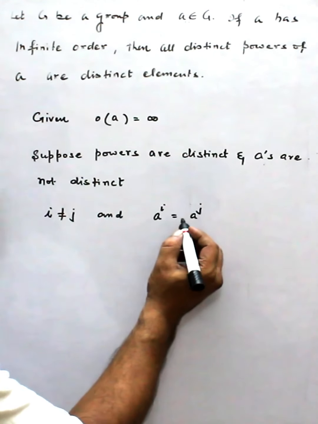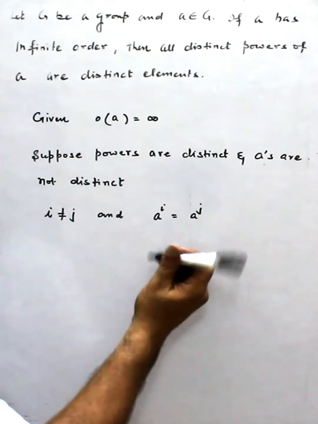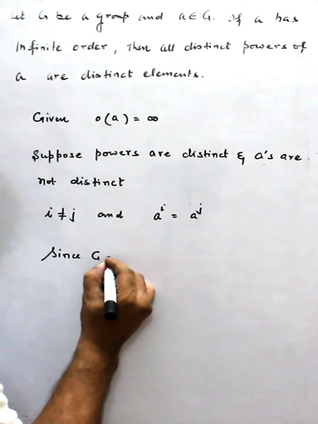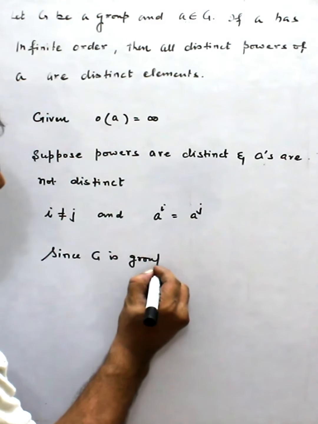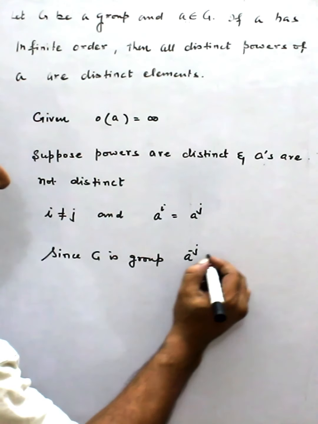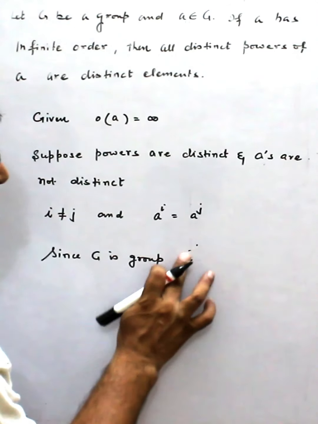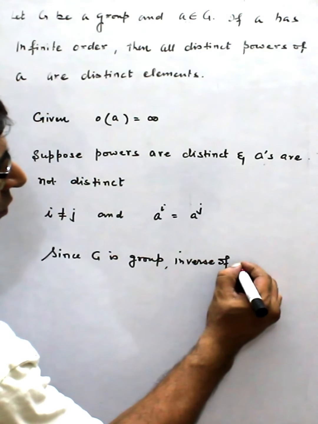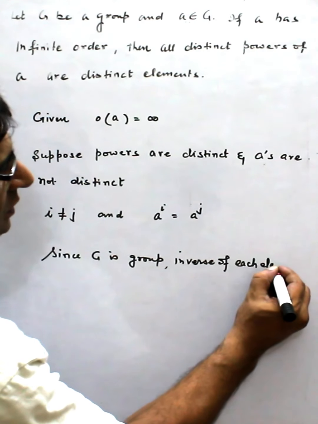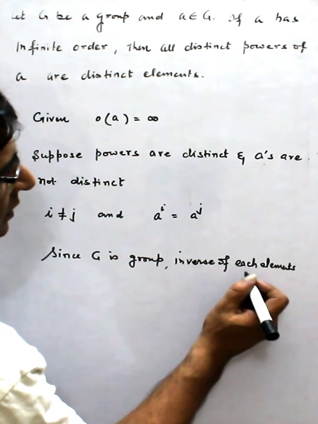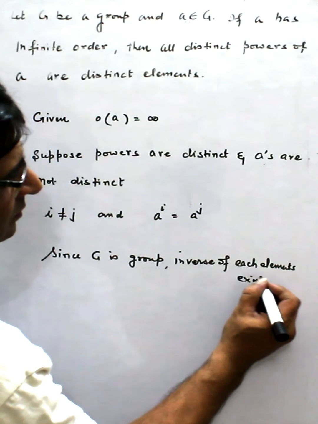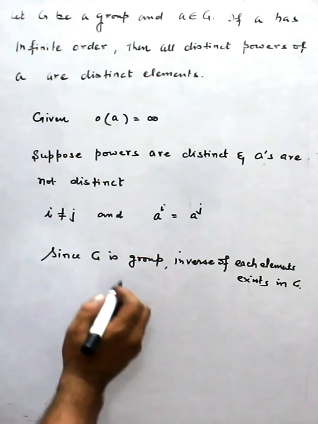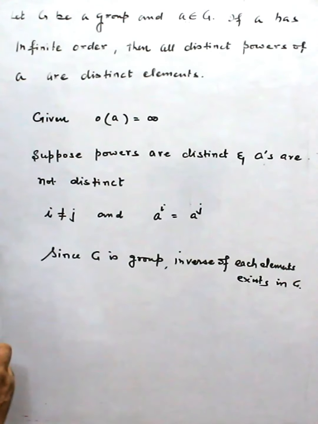Then what happens? This means, since G is a group, therefore A raised to minus J, that means the inverse of each element, exists in G. So A raised to minus J exists.